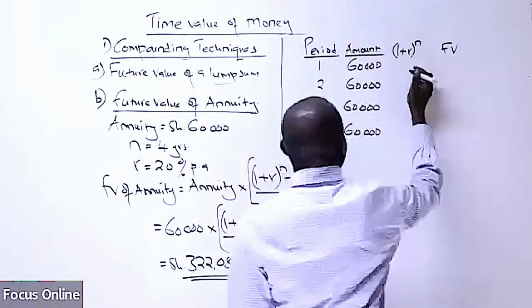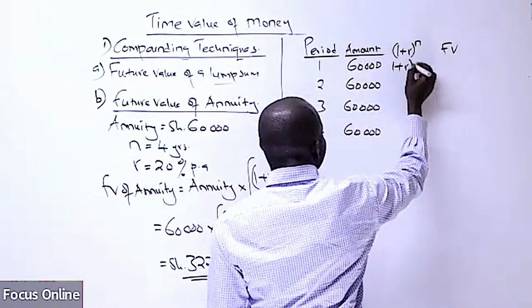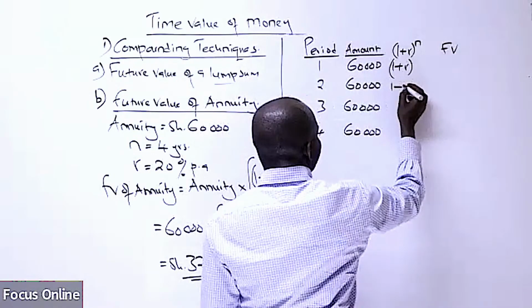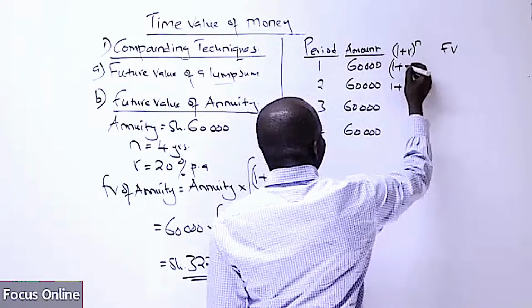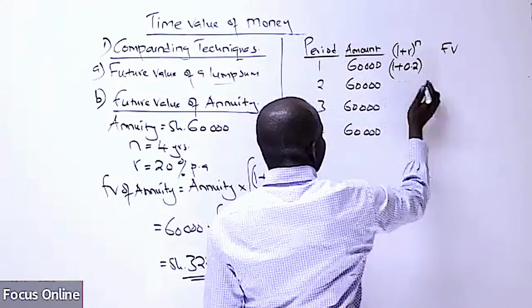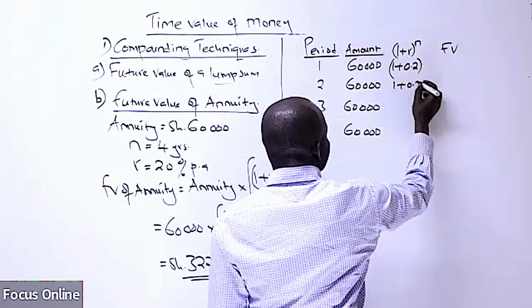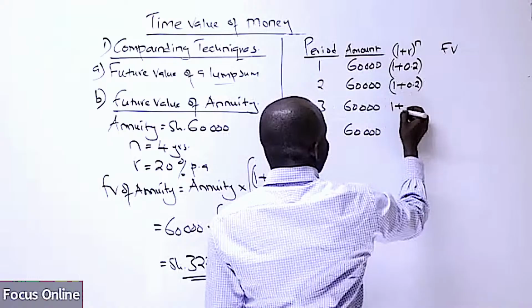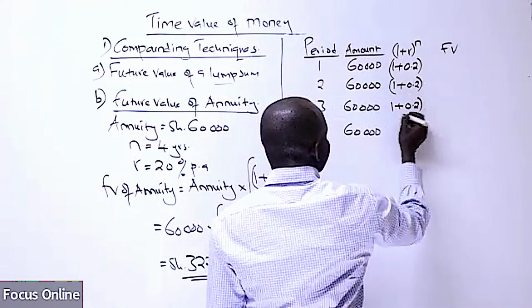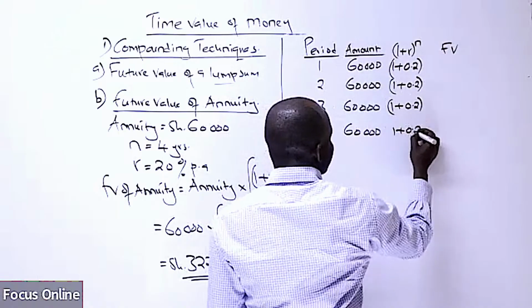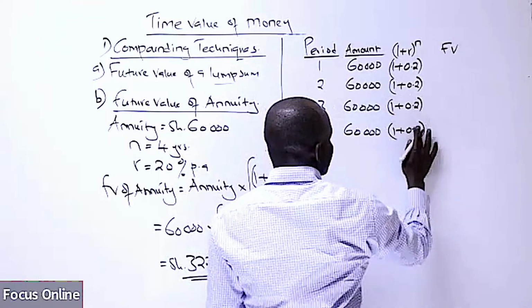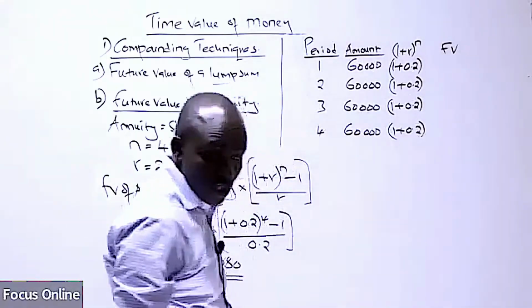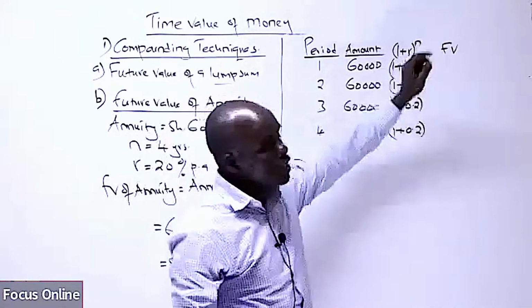So here we will have 1 plus r, which is 1 plus 0.2. Before that, we know we've not put n.